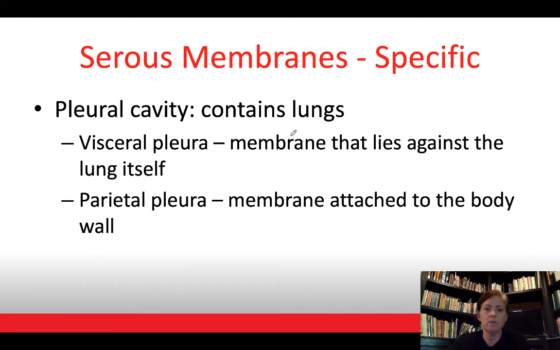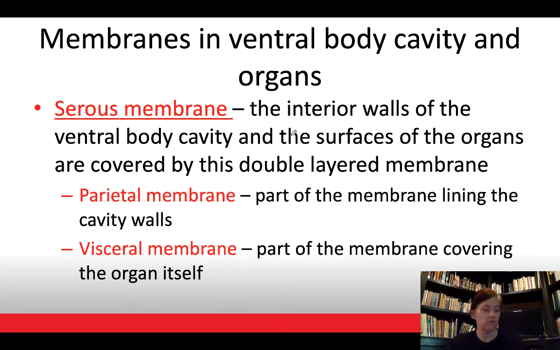Okay, so what we see with the ventral body cavities is that those specifically ventral body cavities, and only these ventral body cavities, not the dorsal, only the ventral body cavities, are covered in this double-layered membrane called a serous membrane.